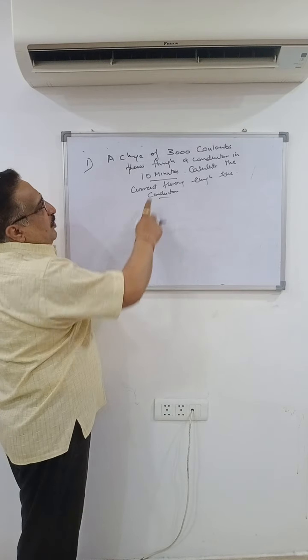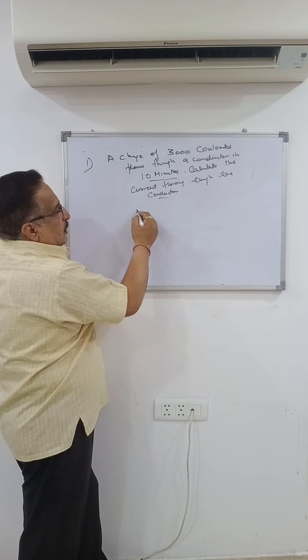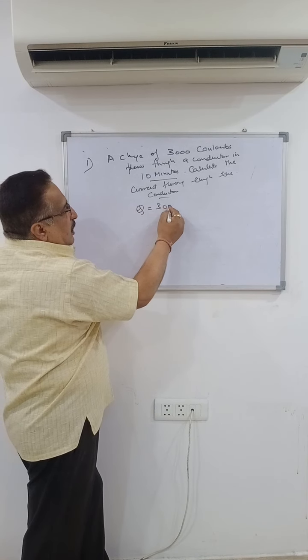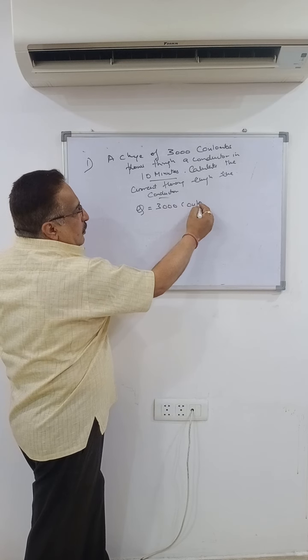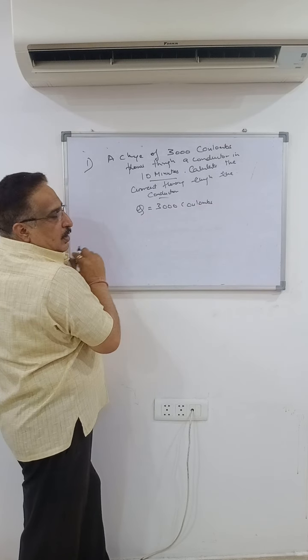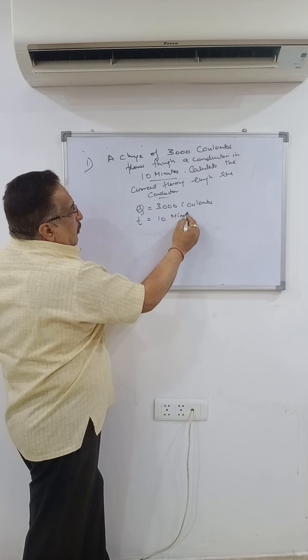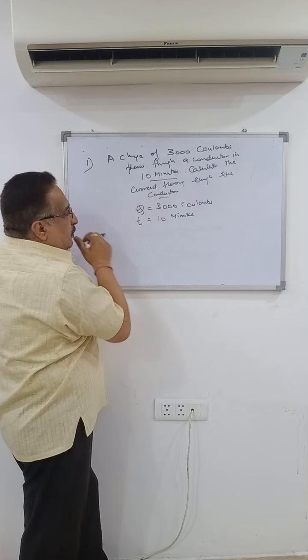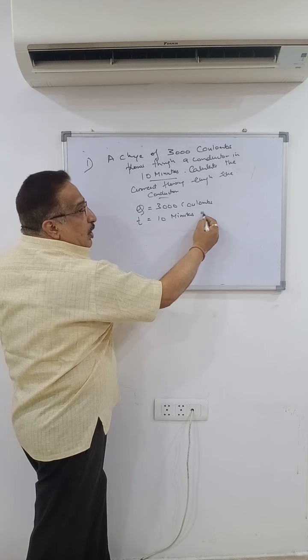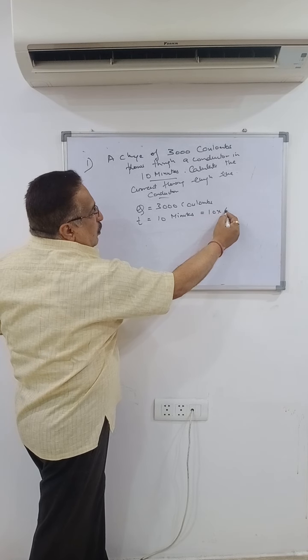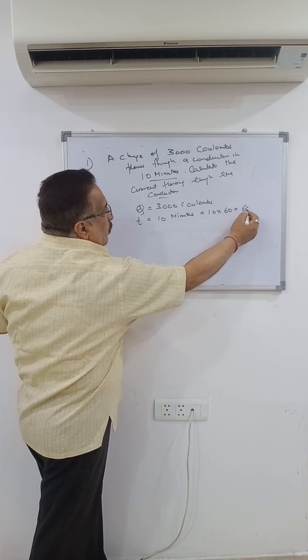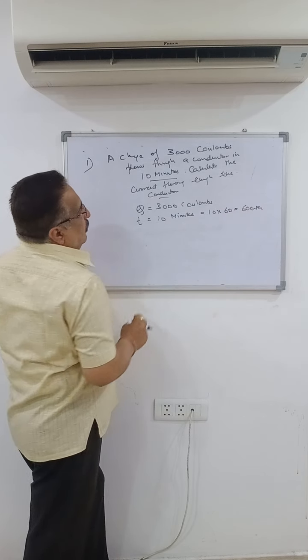Now, what is given to you? 3000 coulombs. So Q is 3000 coulombs. Time is 10 minutes, which is equal to 10 into 60, equal to 600 seconds.